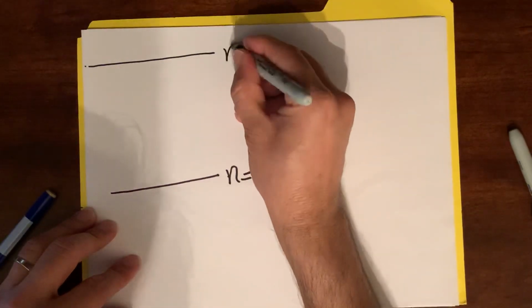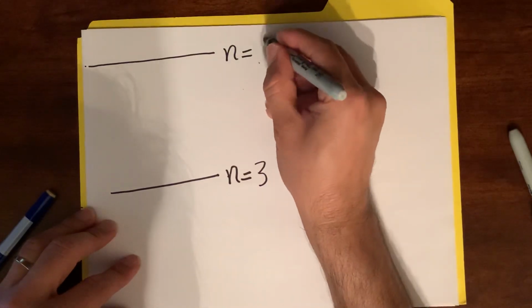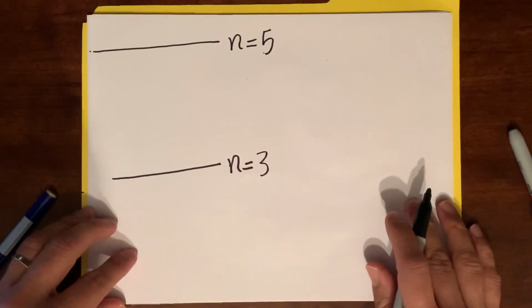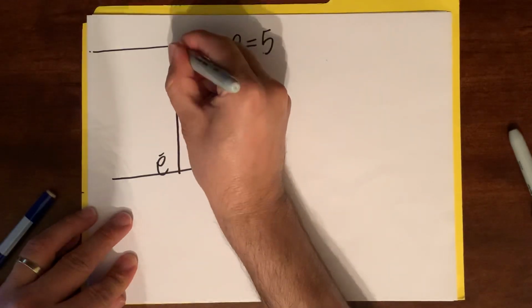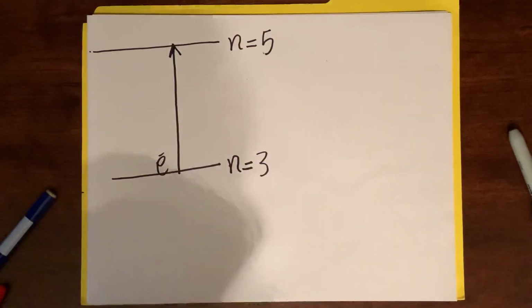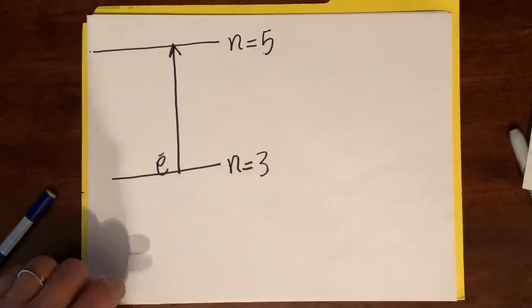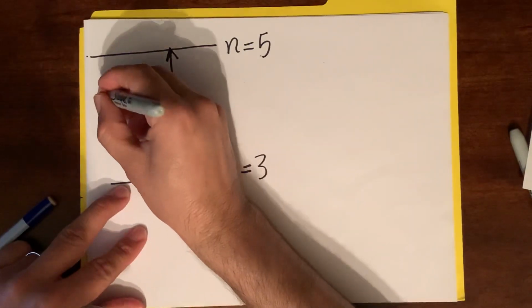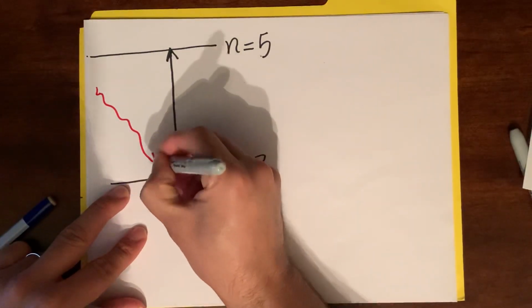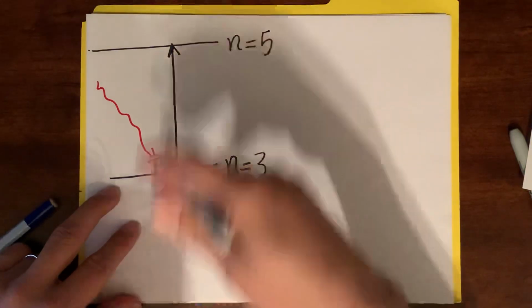And we want to send the electron to n equal 5. So here is our electron. We want to shoot the electron to a higher level. In order to do it, we need to give it energy. Otherwise, it's not going to go up. So I'm going to give this electron energy and it will go up.